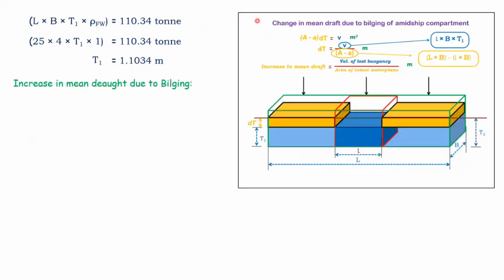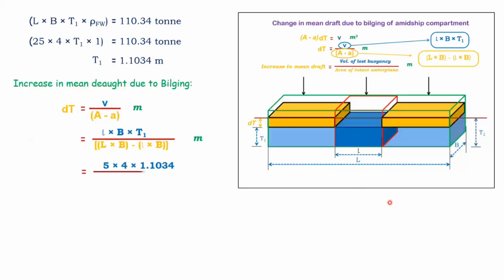I have intentionally shown this slide so that you can utilize these formulas. So dT similarly will be V upon A minus a, and V, as I told you earlier, will be small l into B into T1, and the capital A, the area of the total water plane, will be capital L into capital B, and the water plane area of the flooded compartment will be small l into B. Substituting the parameters: length of the compartment 5 meters, breadth of the ship 4 meters, initial draft T1.